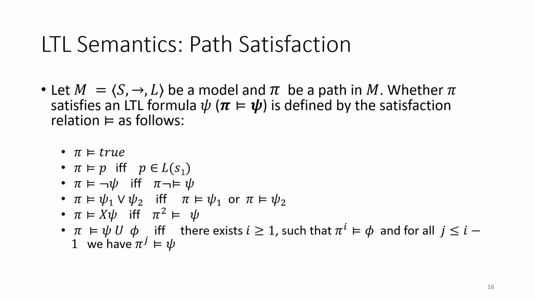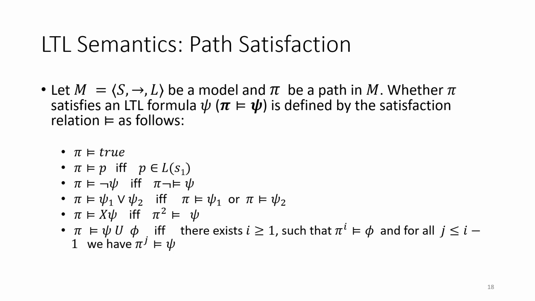That's what the until requires. So the one on the right side must eventually be satisfied at some index i of our computation. This index could be 1, so it could be the very first state. And then for every smaller index j, the formula on the left side, the psi, must hold. So it's basically this formula psi will be true until eventually phi is true.